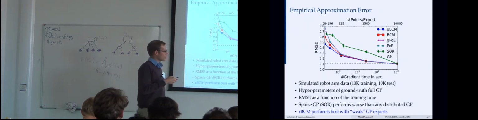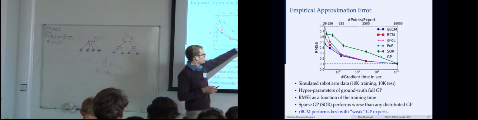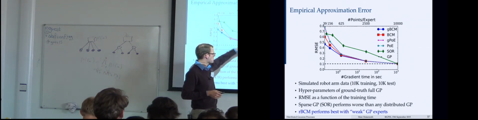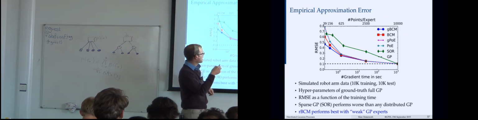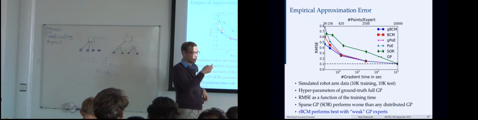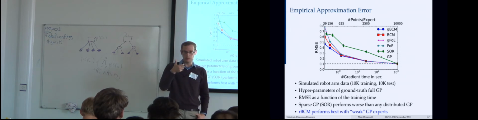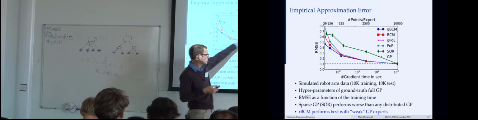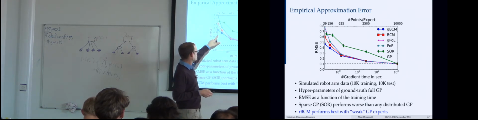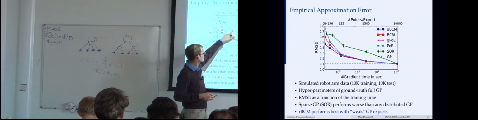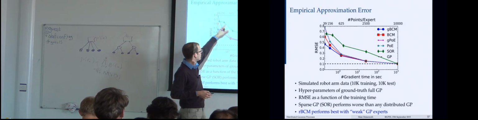If we choose a subset of data points, then we get this graph here. If we choose 2,500 randomly sampled data points per expert, you get an RMSE of about 0.3, and this one is maybe 750, and so on.